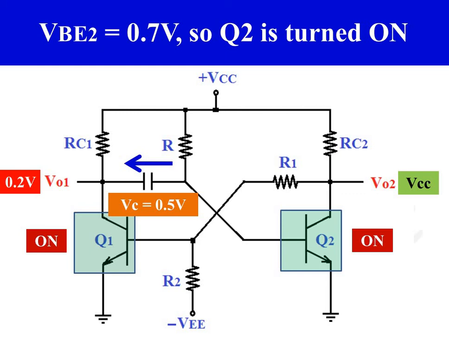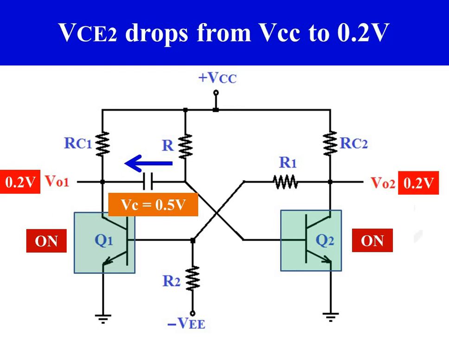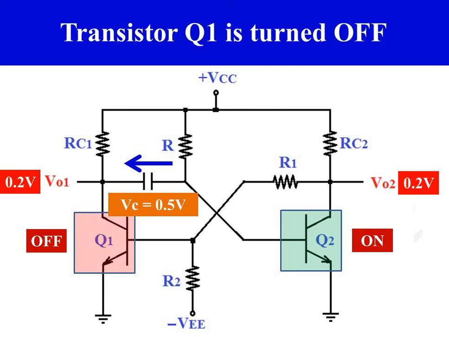As transistor Q2 is turned on, its collector voltage drops from VCC to 0.2 volt. And now as collector voltage of transistor Q2 is dropped from VCC to 0.2 volt, base potential of transistor Q1 becomes negative. So transistor Q1 is turned off.